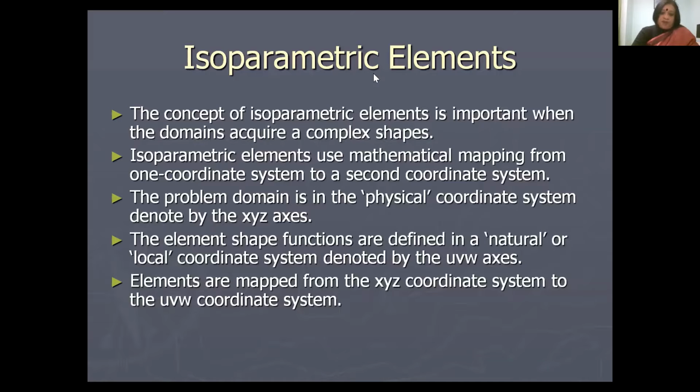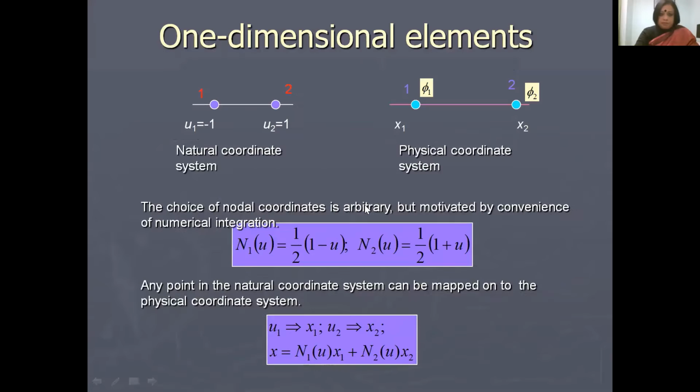The problem domain is in the physical coordinate system, but we are going to work in a second coordinate system, which is the UVW coordinate system. So let us consider this element on the right. This is your element as you have been discussing.